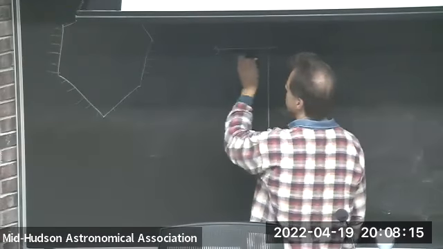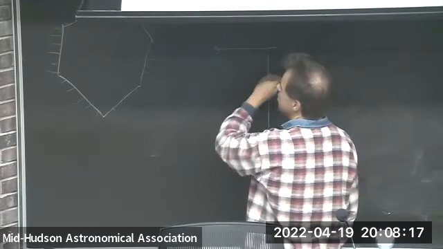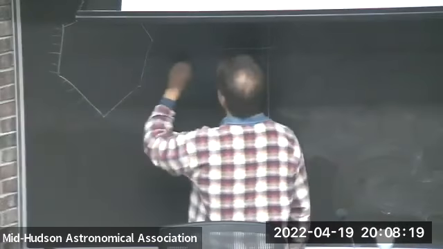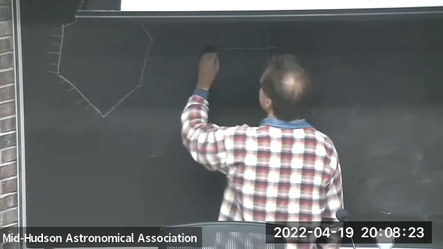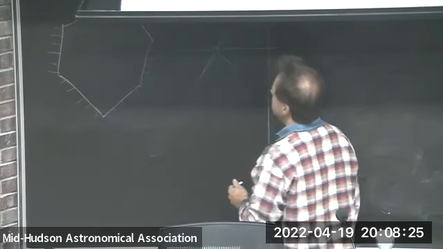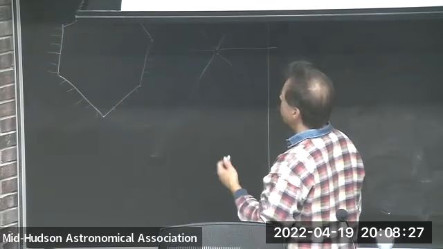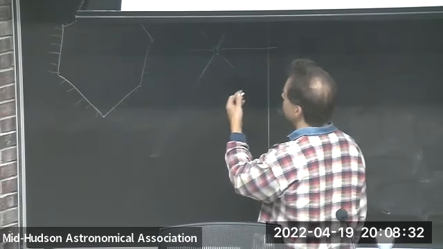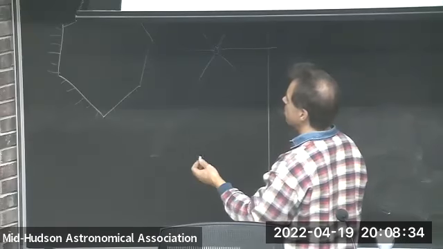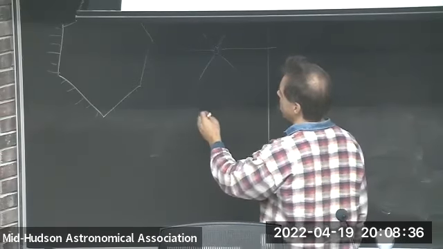That one creates a diffraction spike, and that one creates a diffraction spike that way, and each one creates a diffraction spike. And so that's why you get such bright diffraction spikes on a non-round aperture.